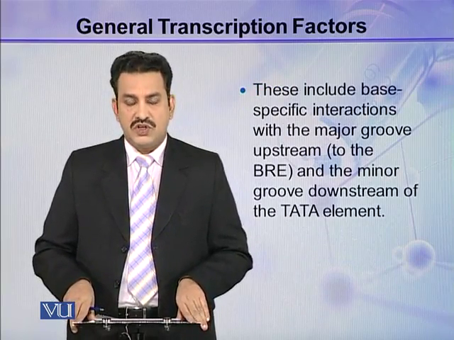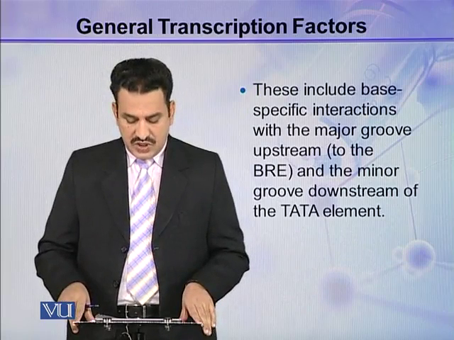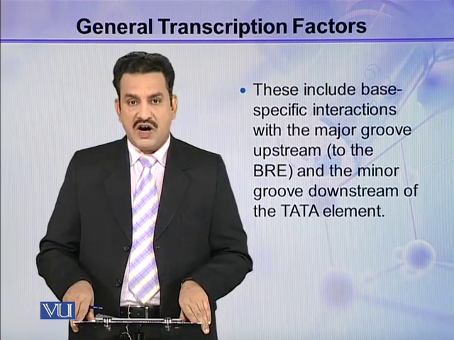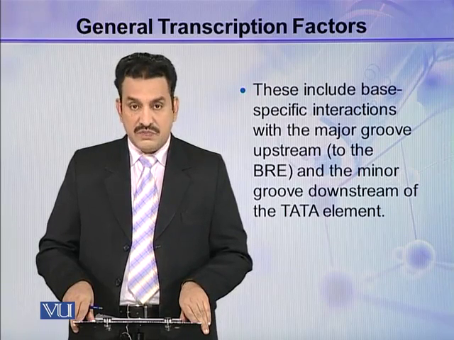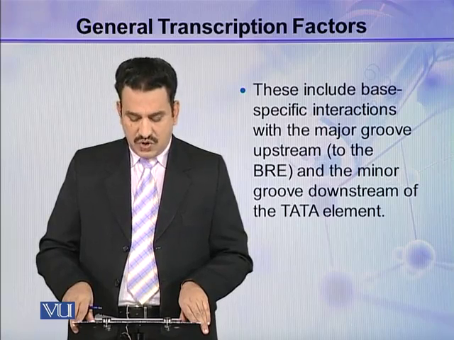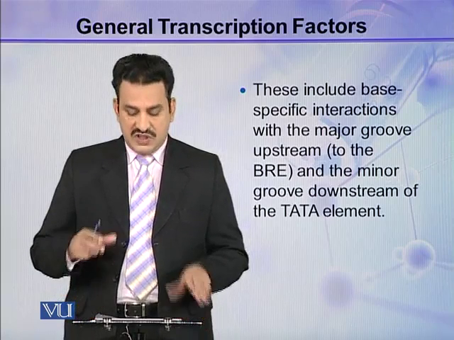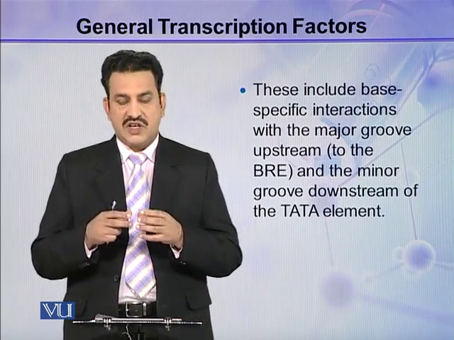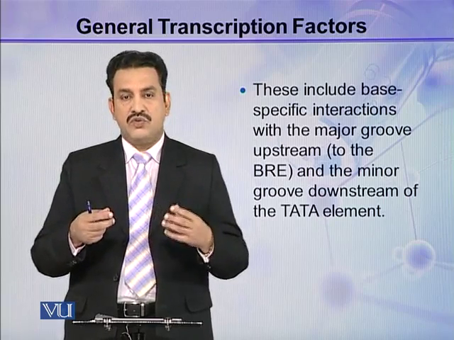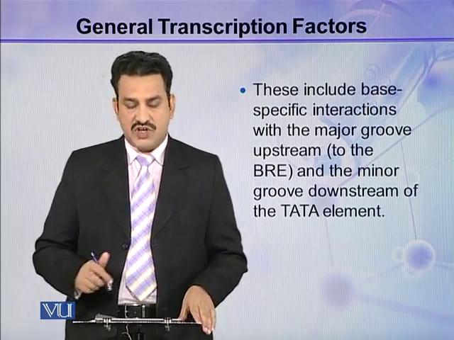These contacts include base specific interactions with the major groove upstream to the BRE and the minor groove downstream of the TATA element. So these contacts have been made to the major groove and minor grooves of the DNA strand.